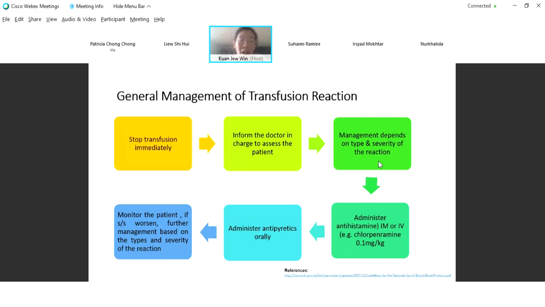So if you think that it is an acute hemolytic transfusion reaction, as I said, hopefully it never happens to you in your life as a doctor. But if it does happen, you think that the patient is ill. There is something wrong. It is too ill for a common reaction. And you suspect it is an acute hemolytic transfusion reaction.